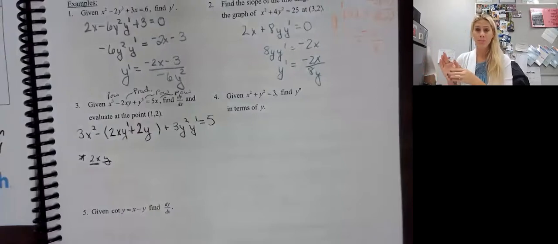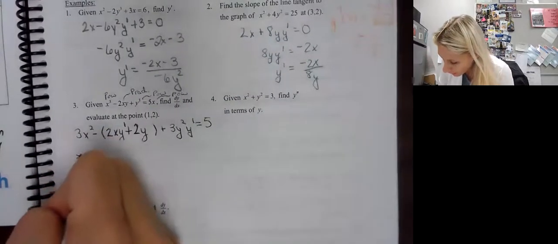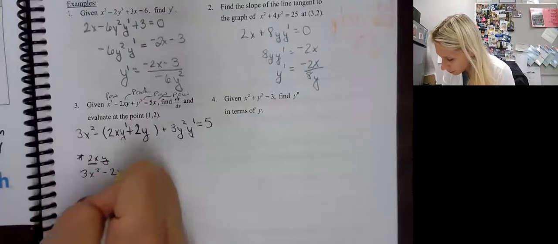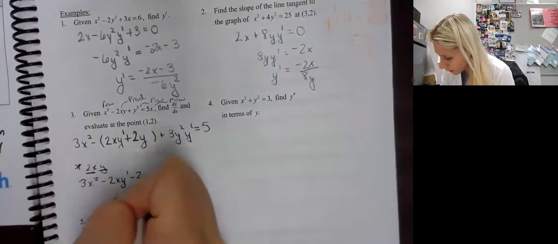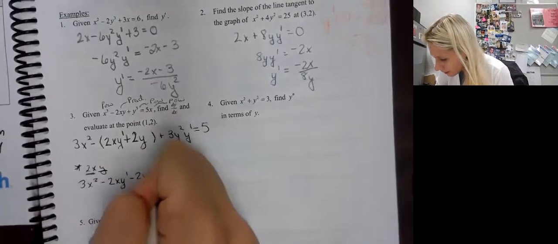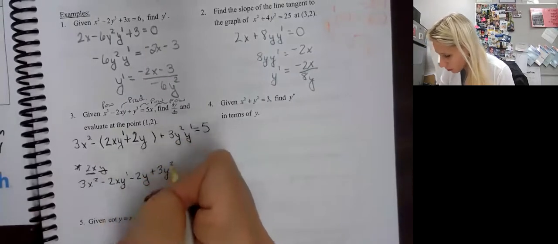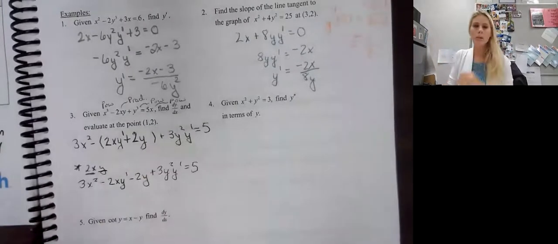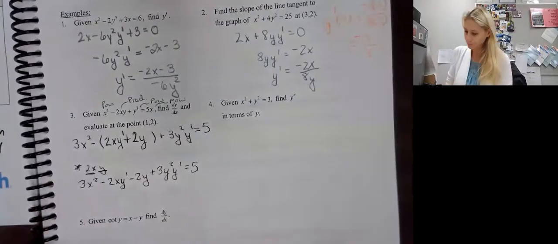Now, next, we have 2 y primes. We have an issue, right? So what we're going to do right now is I'm going to distribute this out. Okay, I get 3x squared minus 2xy prime minus 2y. Don't forget that distributing there. Plus 3y squared y prime equals 5. Anything without a y prime right now, I'm going to put on my right side.